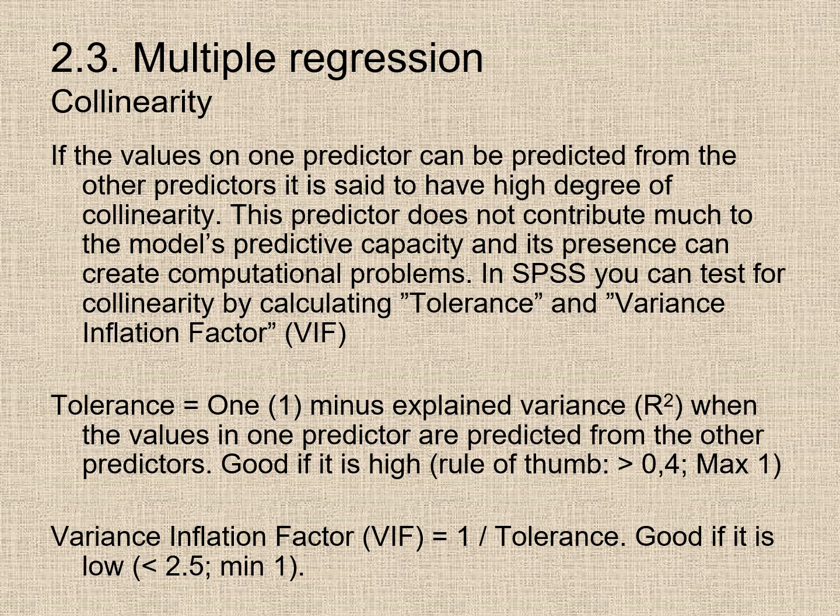And in SPSS, you can tick a couple of boxes. Now it's enough with one. And we get something called the tolerance and something called the variance inflation factor. And those are measures of the degree of collinearity. Okay? And you get one for each independent variable, because they can differ.